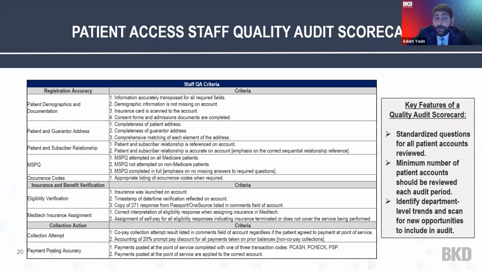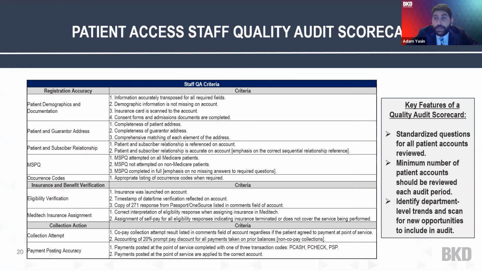So having standard questions allows a number of things. Certainly, it's an equitable approach at rating your staff. It provides you the opportunity to see at a department level, for example, we have MSPQ on this scorecard.